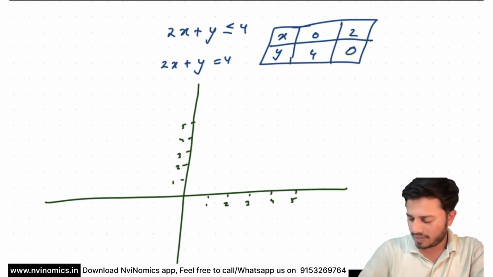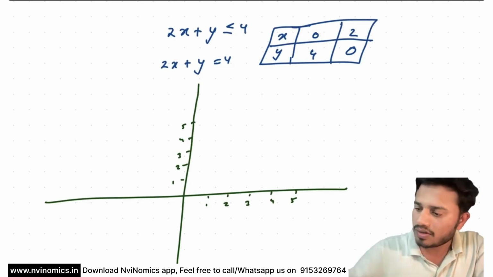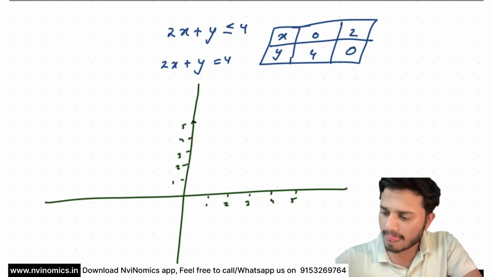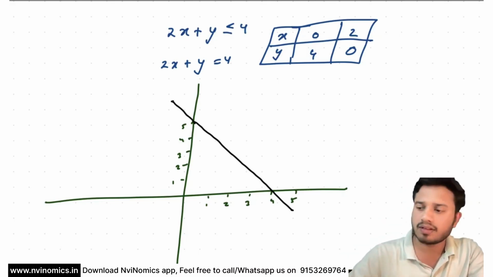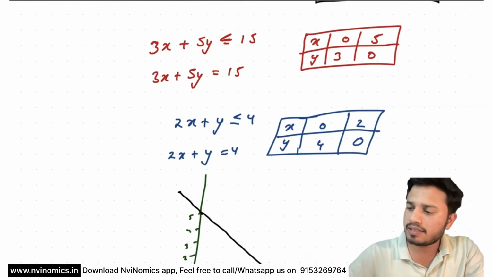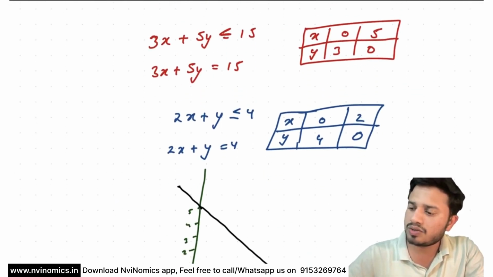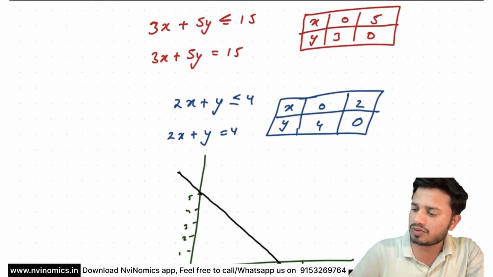So the first line will be from 5 to 4. This is our first line. The second line is (5, 0) to (0, 3).